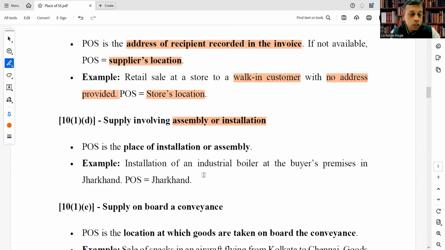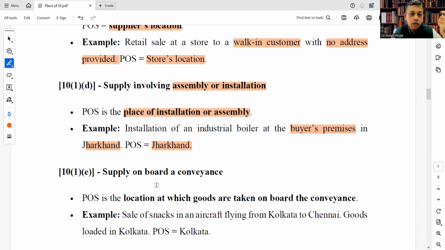In that case, place of supply is the place of installation or assembly. Where that installation or assembly takes place would be your place of supply. Example: installation of an industrial boiler at the buyer's premises in Jharkhand, then place of supply would be Jharkhand. Very simple, I hope.